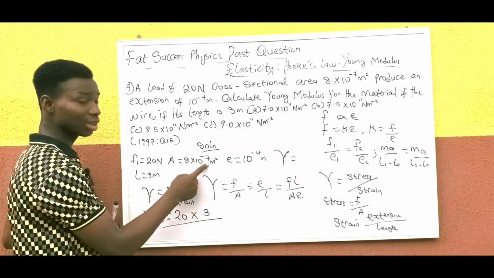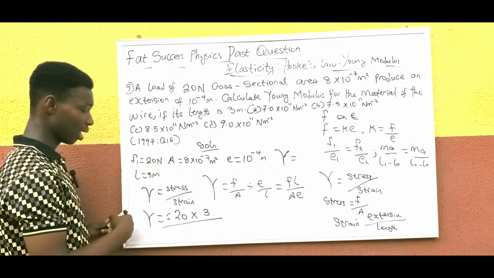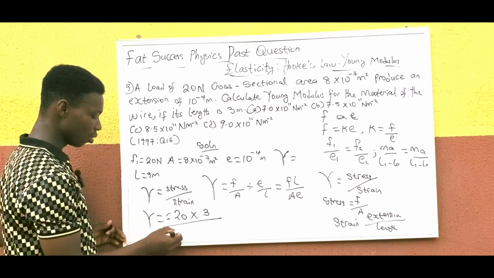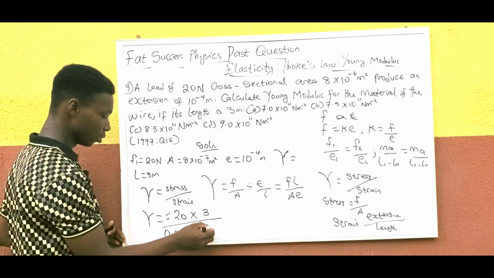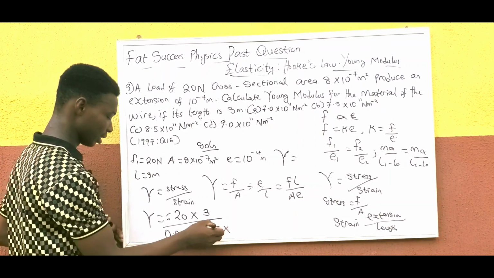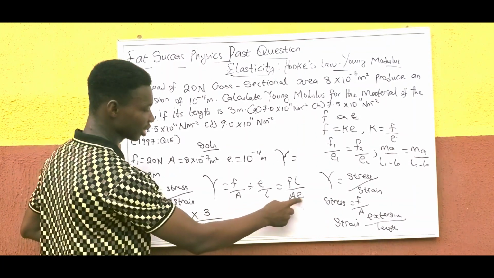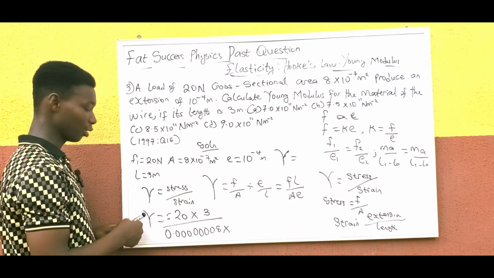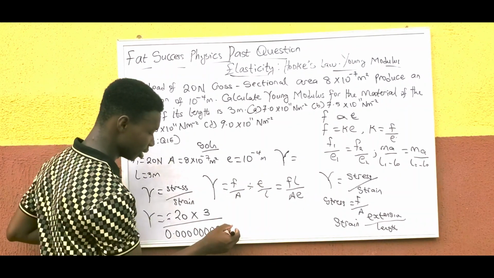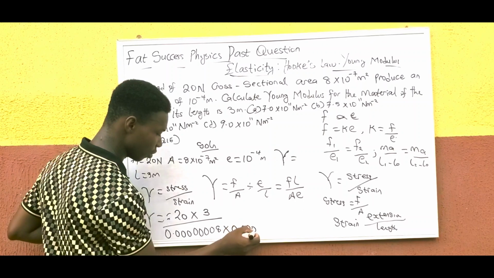When you convert this from standard form to an ordinary number, it becomes 0.0000008, times extension. Our extension from here is 10 raised to the power of minus 4, which is the same thing as 0.0001.